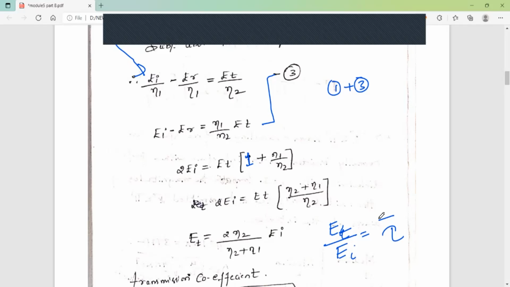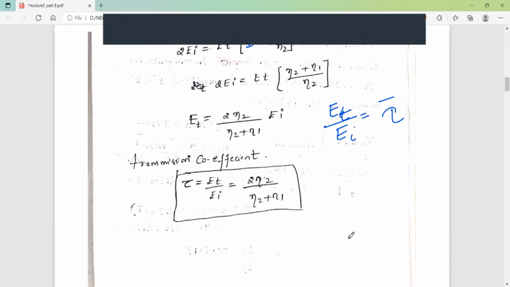So tau represents the transmission coefficient, that is nothing but the ratio between the transmitted electric field and the incident electric field. We are getting the expression of tau as twice eta 2 by eta 2 plus eta 1, where eta represents the intrinsic wave impedance in medium 2 and medium 1 respectively. So this is the expression for the transmission coefficient.